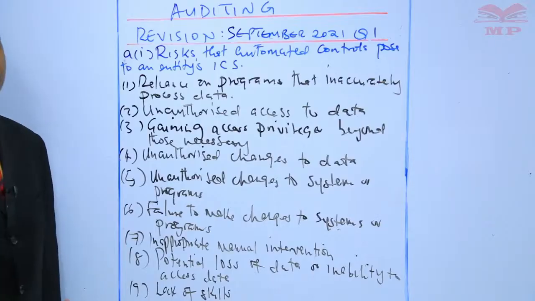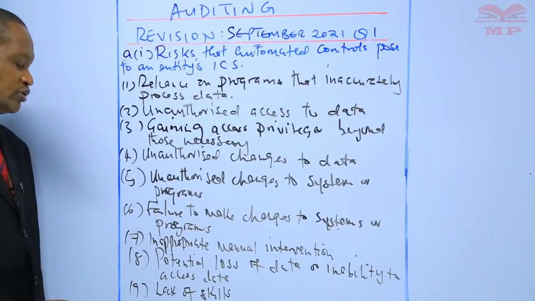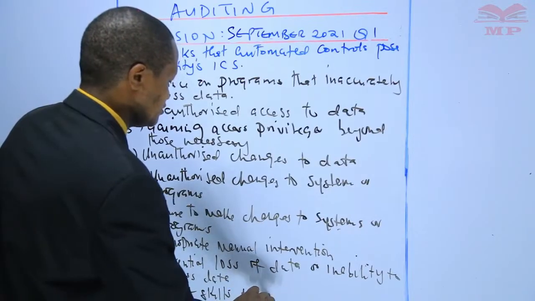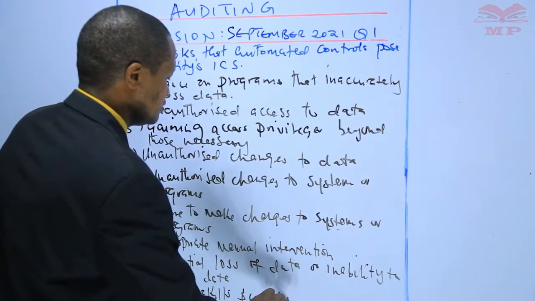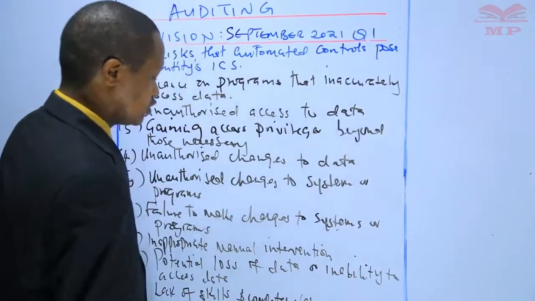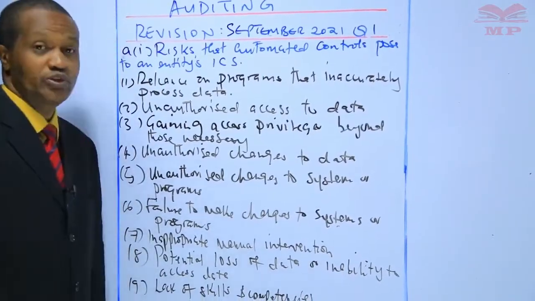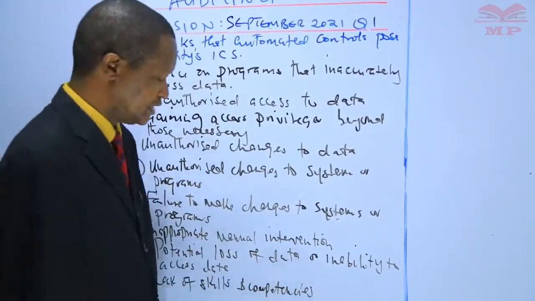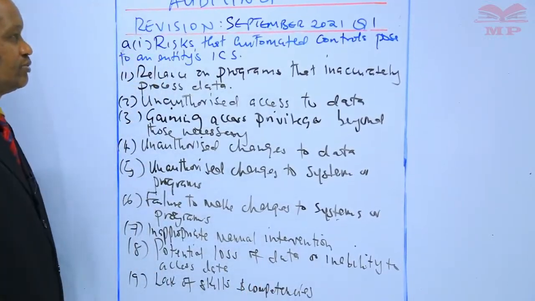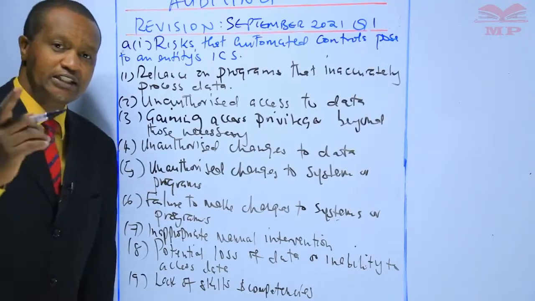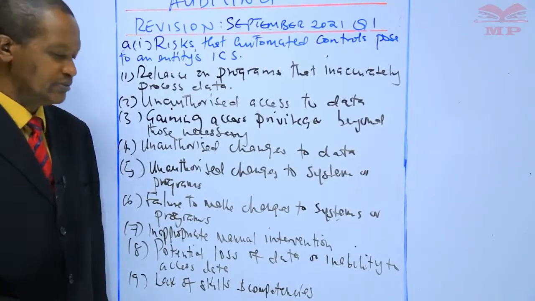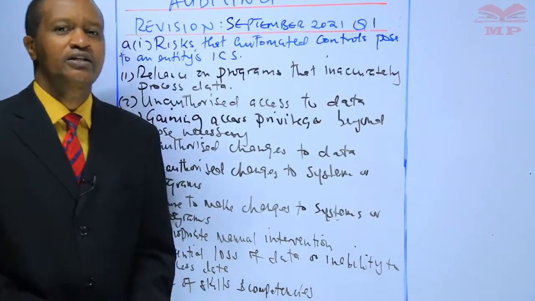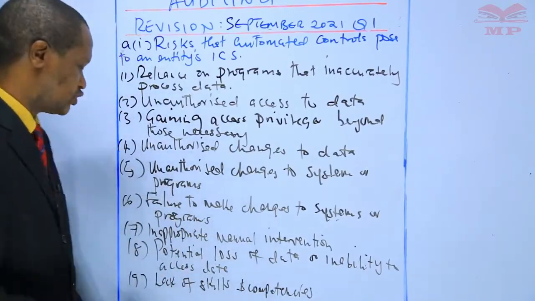So there could be lack of skills or even competencies. We also know that technology keeps on changing. So if employee skills and competencies are not upgraded, then there is that risk that can be posed to an entity's internal control system.